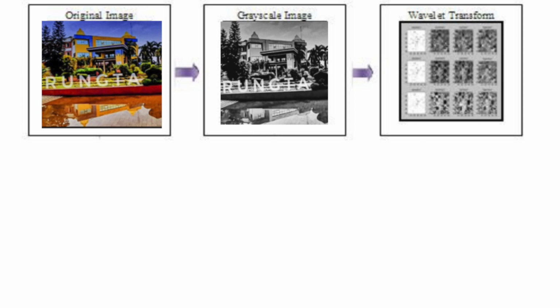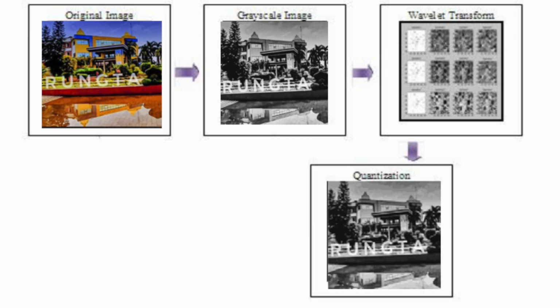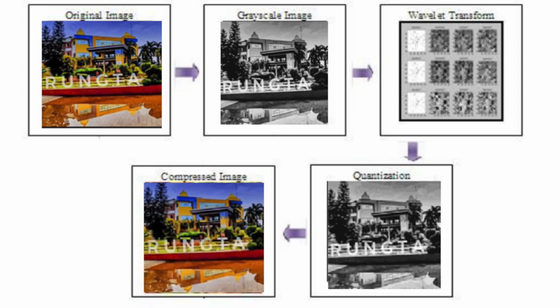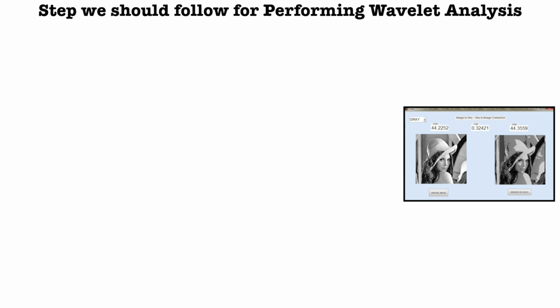The process of this transformation is to separate information into subsignals. Then the system quantizes the image. The result is a wavelet compressed image, where the compressed image size is reduced, but the quality of the image is quite similar to the original image. These are the steps we should follow for performing wavelet analysis.